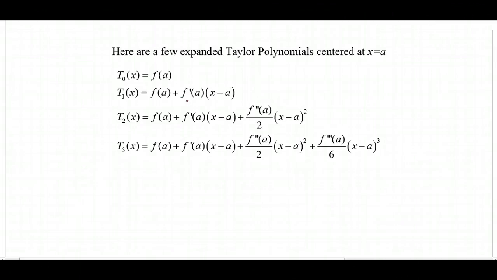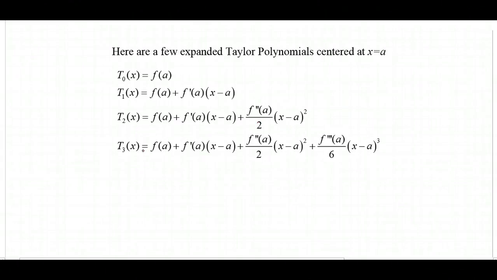What we're missing from that general formula is this was over 1 factorial, but that's just 1, so we're dropping it. The second order Taylor polynomial is all the same portion of the first order Taylor polynomial plus the second derivative at a, all over 2 factorial, which is just 2, times x minus a squared.